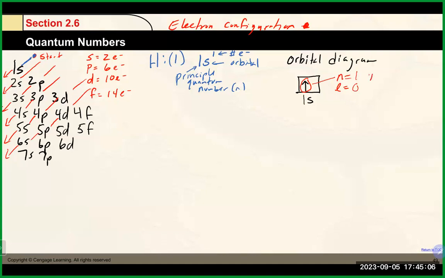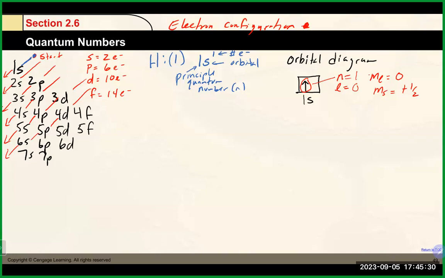The m sub L value for this electron would also be 0. And the spin would be plus 1/2, as that's the first electron in the box, heading in the upward direction. Any questions on how to assign those quantum numbers?